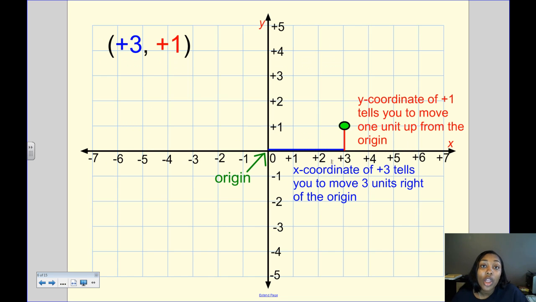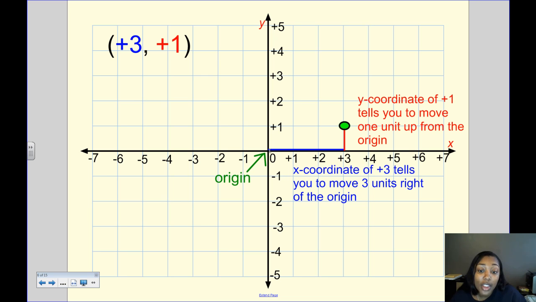So how can we locate a point on the coordinate plane by using the ordered pair? If we look here, our ordered pair tells us that we're going to move positive 3 in the X direction and then positive 1 in the Y direction. When you start counting, you always start at the origin, which is 0, 0, the point where the X and the Y meet. The first thing we do is move left or right, in the X direction, because our X coordinate comes first.